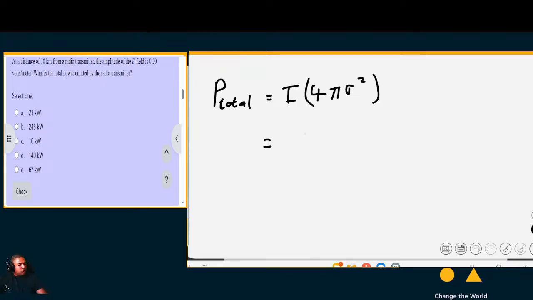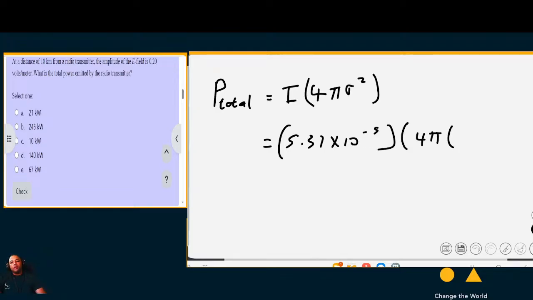So the intensity we just calculated is 5.31 times 10 to the negative 5. That's the intensity we just calculated a few seconds ago. Multiply by 4 pi times r. In this case, what is the radius? It is the same distance that has been given to us.